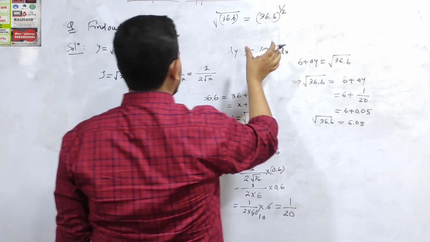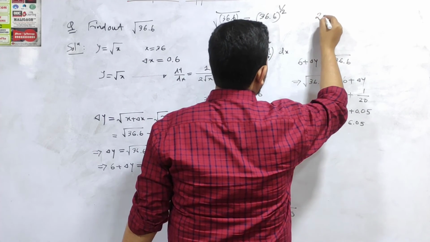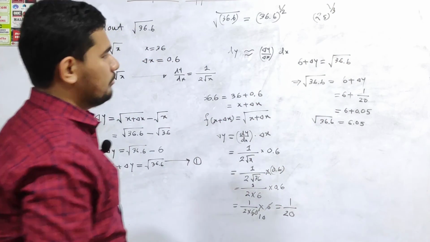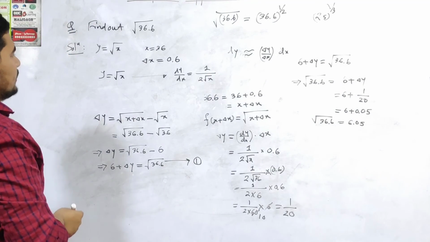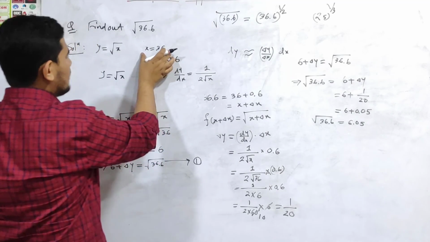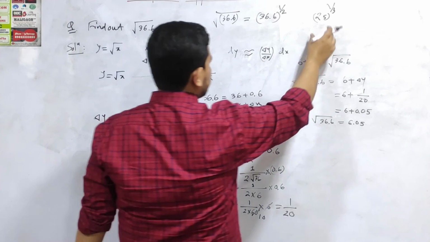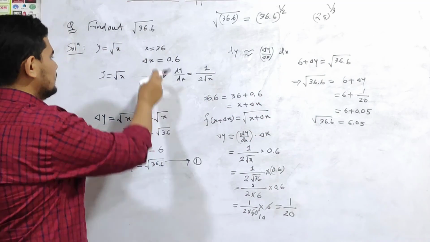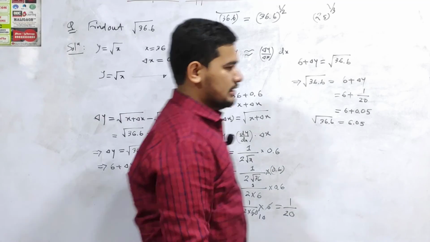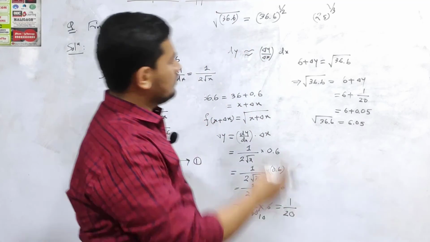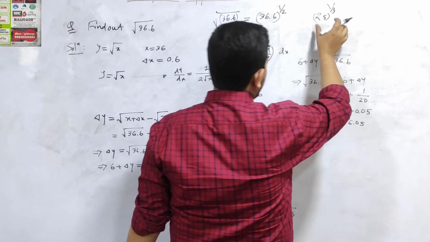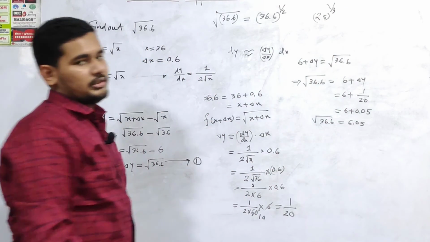So this is the form of problem, and then you can find 25 to the power 1 by 3. Here x is 36, but exactly 25 is the perfect square, so del x will come out to be something else. So you can try out this problem, how to find the value of 25 to the power 1 by 3.